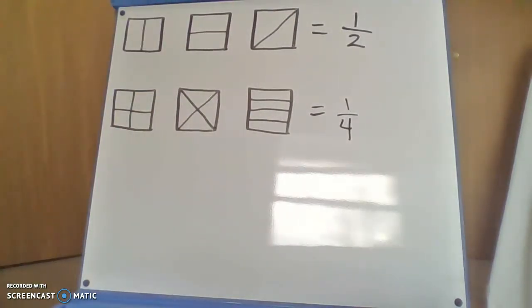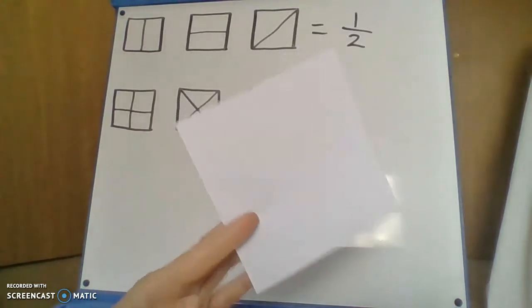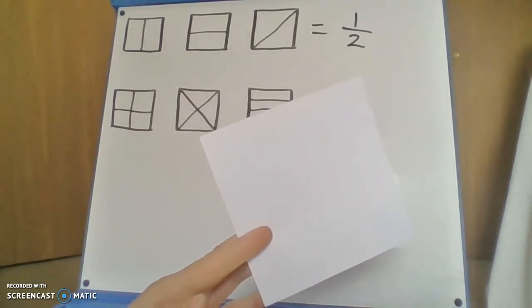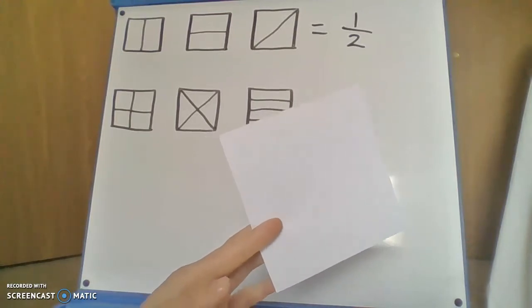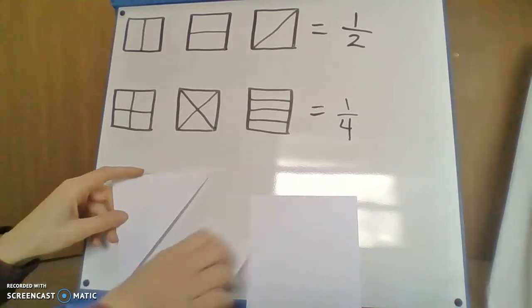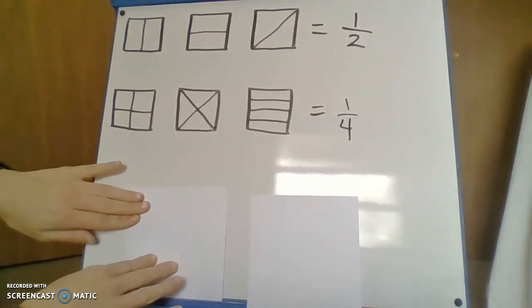So what I want to show you now is something a little bit different. I'm going to use this back to my square. We're going to take this square and this one, which I already cut. I was practicing earlier.